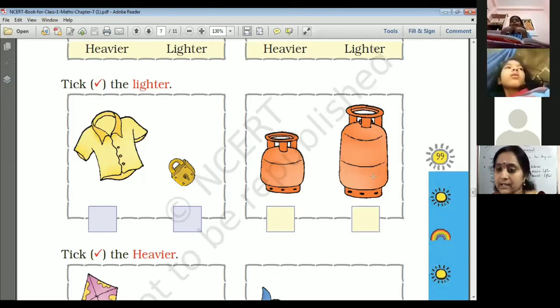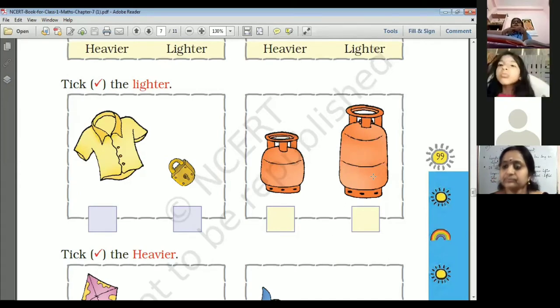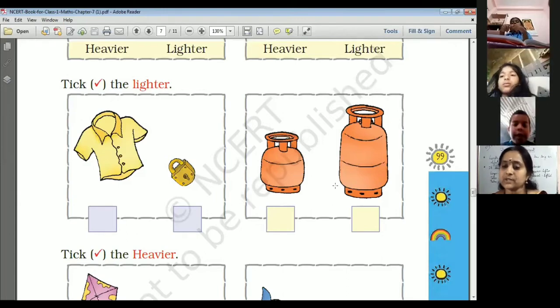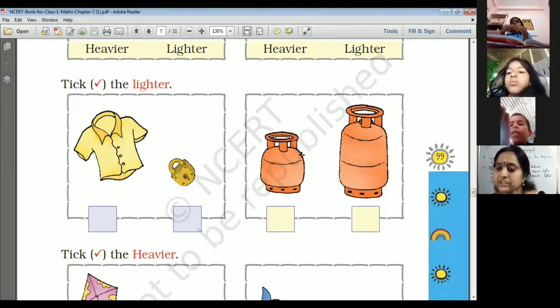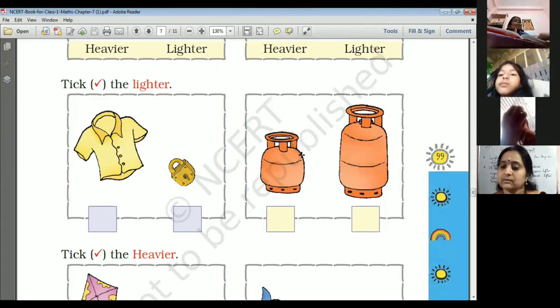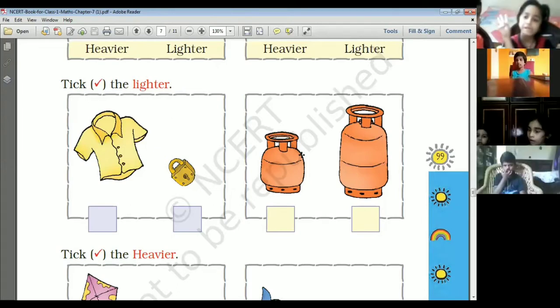Okay. And now, Kavyashri, in these two objects, two cylinders you have here. One is short and another one is big. In these two, which one is lighter? Aditya, tell me.